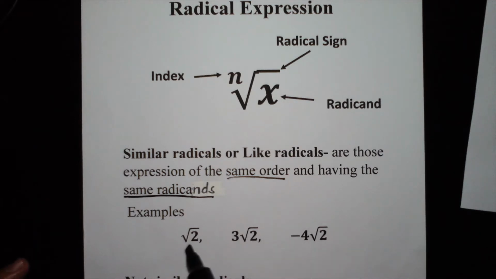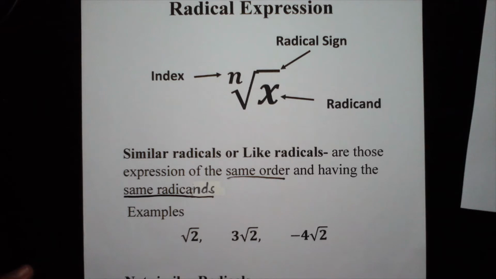We have square root of 2, square root of 2, square root of 2, and the same radicand, since we have 2 inside of the radical sign. So that is an example of similar radicals or like radicals.